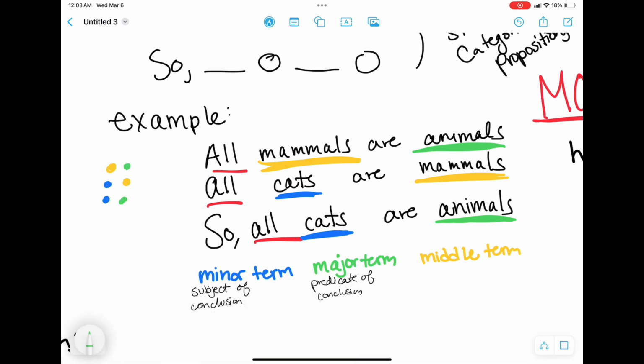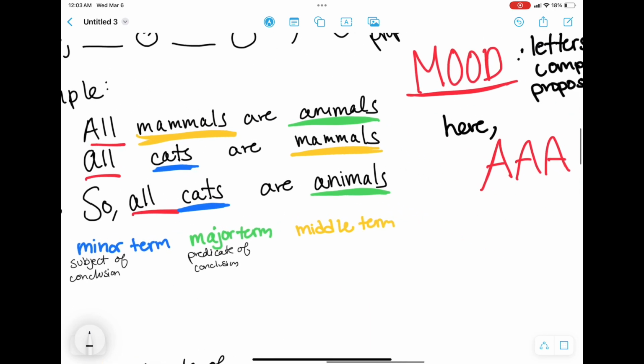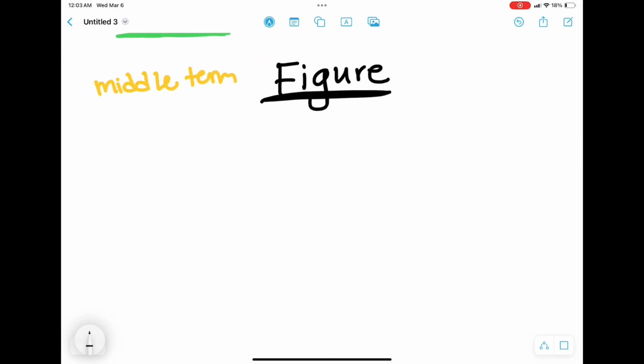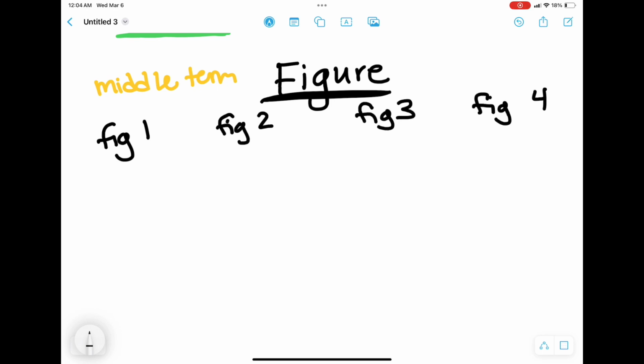So I've drawn a little diagram here of how those major, minor, and middle terms are laid out. And there are actually 4 possible configurations of what this can look like. And we can evaluate these 4 possible positions by referring to figure 1, figure 2, figure 3, figure 4.